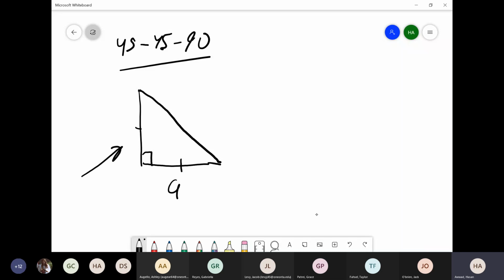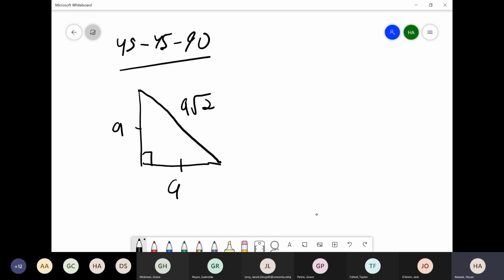What's the other leg then? A. It's also A. Great, yeah. Okay, and then finally, what's the relationship between the leg and the hypotenuse? What should the hypotenuse be? A root 2. A root 2, A times square root of 2. Whatever the value is of the leg, you get the hypotenuse for free. That is just the length of the leg times square root of 2. And that's how it works with a 45, 45, 90 triangle. So perfect, great.